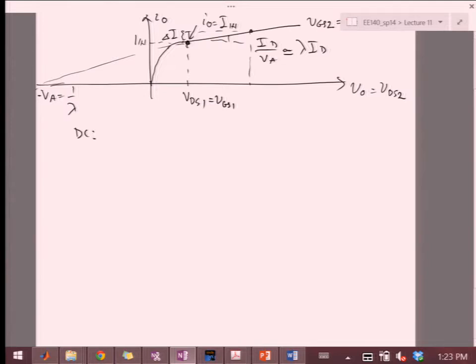So at DC, we're going to have that I in is K prime over 2 times W over L1 times VGS1 minus VTH squared times 1 plus lambda VDS1.